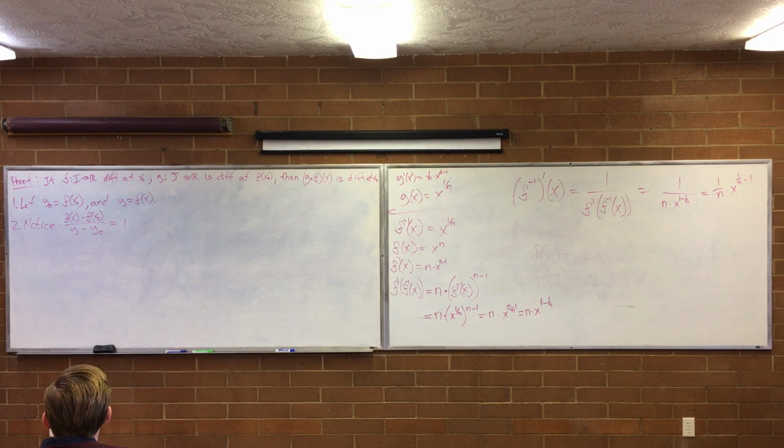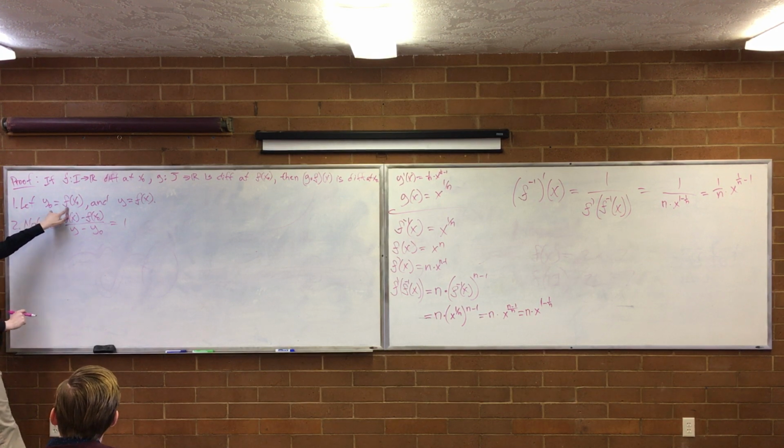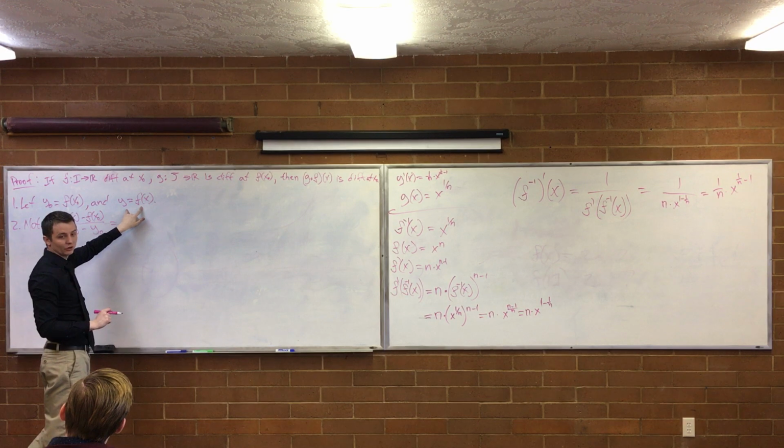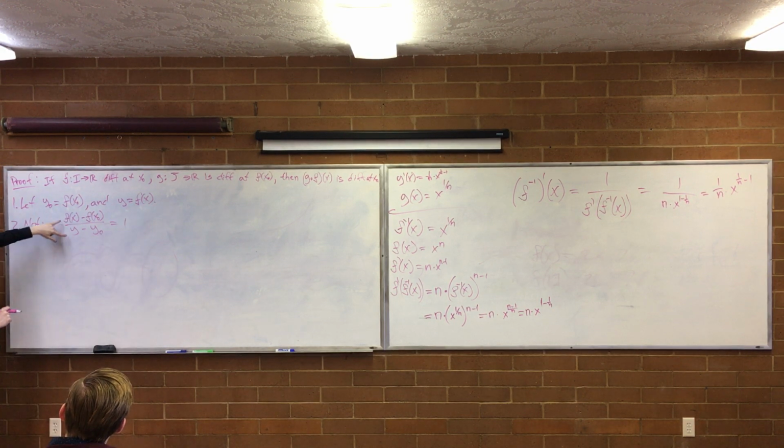Wait, how come you are replacing the numerator with y's? We haven't started our limit yet. I'm just saying, I'm going to define f of x naught to be y naught, and f of x in general to be y. Then notice that this is the case.